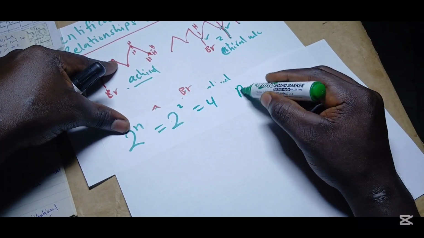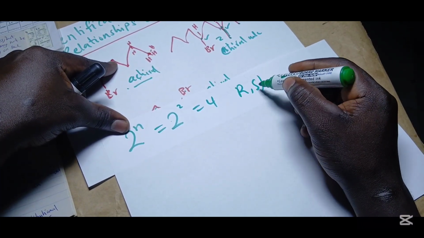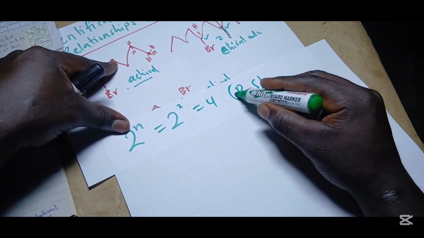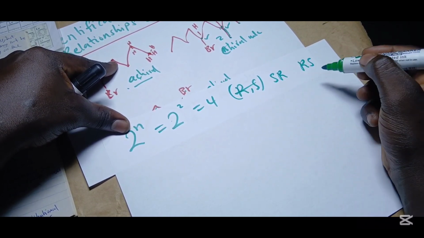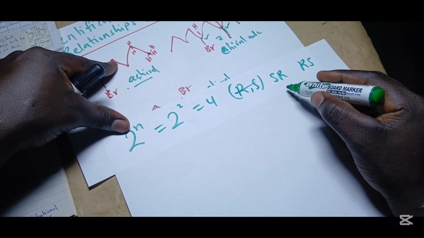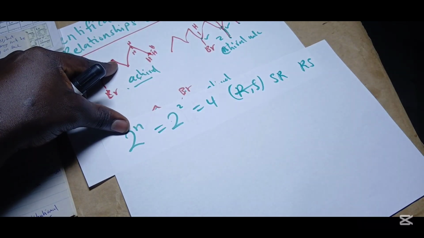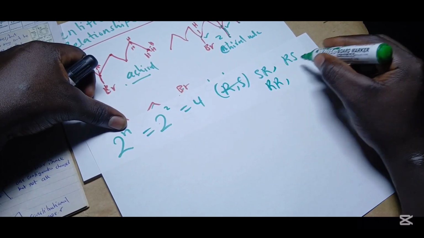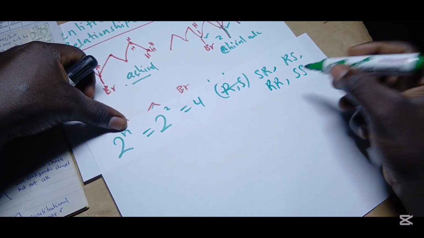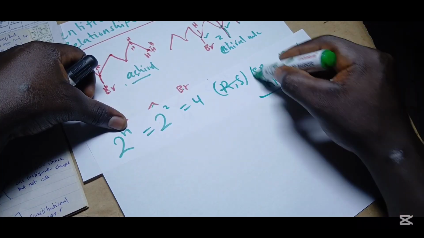It could be RS, it could be SR, RR or SS. So 4 possible stereoisomers.